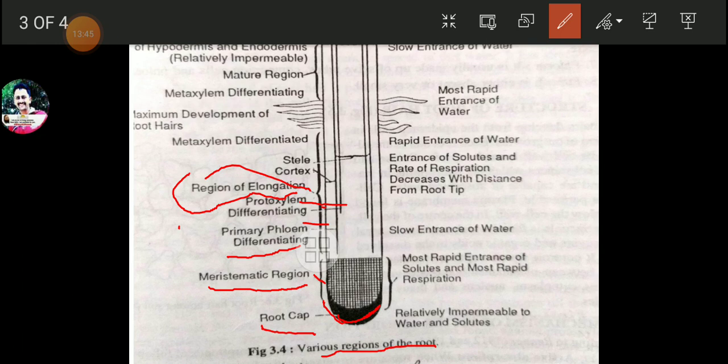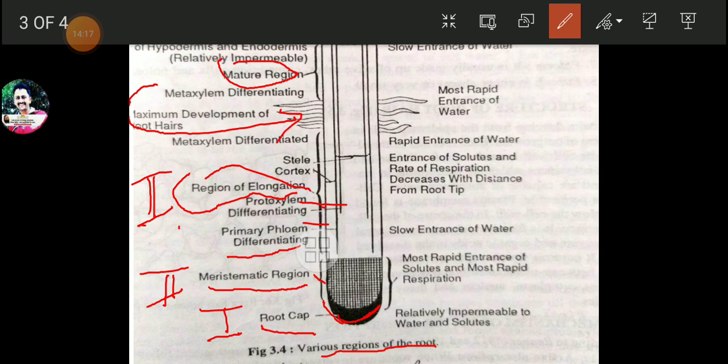So the first major point is the root cap region, second the meristematic region, third the region of elongation, isn't it? And after the elongation region there is a major region, that is the mature region. But in between the elongation region and the mature region we will be able to find the maximum development of root hairs, isn't it?